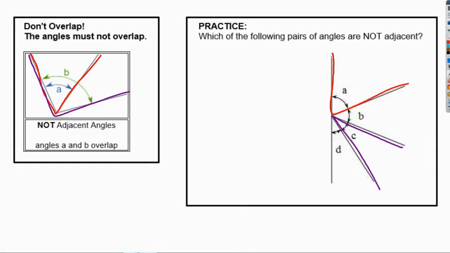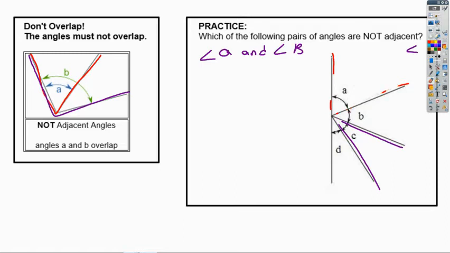So let's put our angle symbol, that's the angle symbol, we'll say angle A and angle B. Instead of having to write out the word angle every time, you can put this little symbol, so you don't have to write the word angle over and over again.